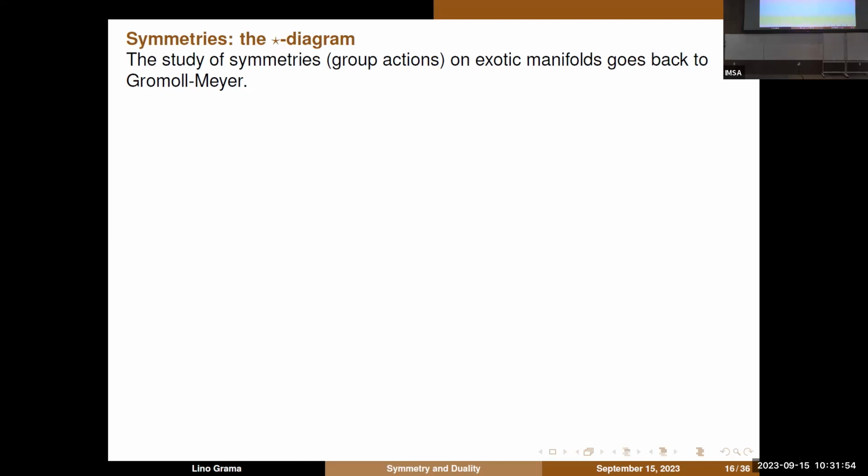There is a very remarkable work studying symmetries or group actions on exotic manifolds. It is due to Gromoll and Meyer. I guess they gave the first example of curvature on exotic spheres, proving that some exotic spheres have non-negative curvature. Non-negative, sorry. For positive curvature the question is open.